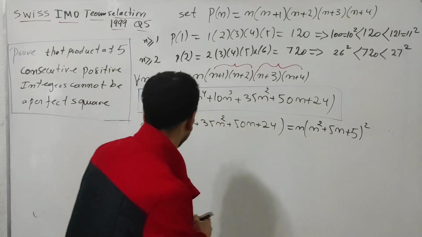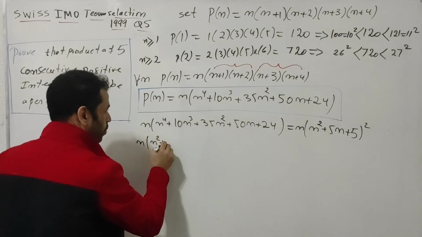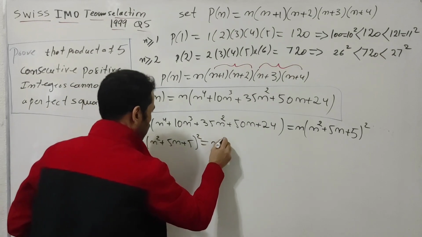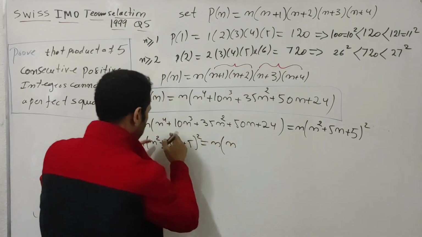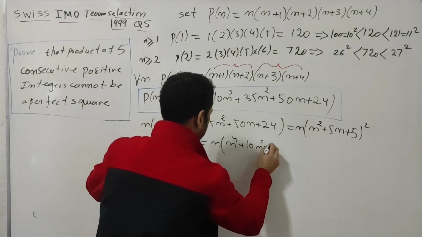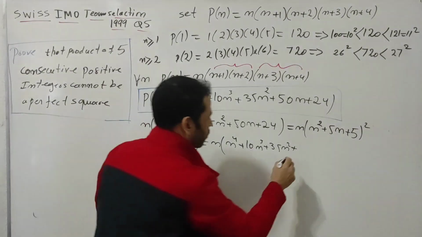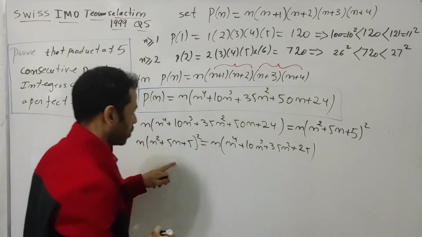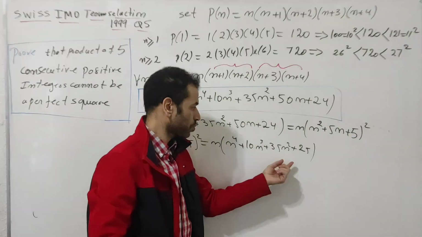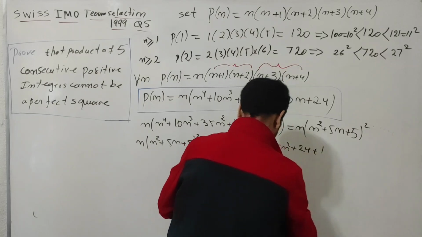If you distribute n times n square plus 5n plus 5, quantity squared, it is giving us n multiplied by this one the same, n to the fourth plus 10 n cubed plus 35 n square, but it is giving you 25. So that means you have one number more than this one.